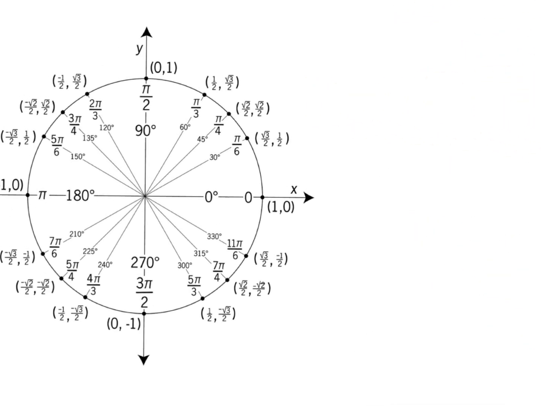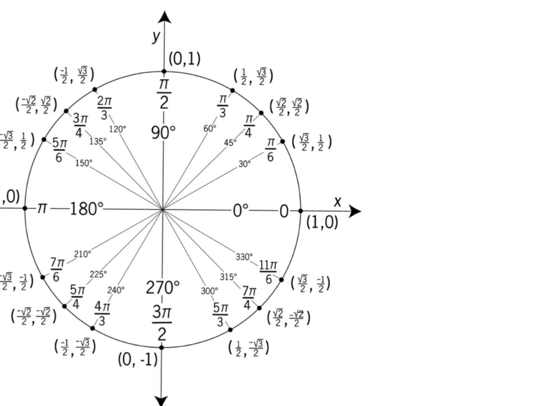So we always want to do the math in the first quadrant to see what these values will give us, because it's going to repeat in every quadrant after that. So y over x for pi over 6 would be 1/2 over square root 3 over 2. So when we keep change flip here, this would give us 1 over square root 3. Y over x for pi over 4 would just be 1.